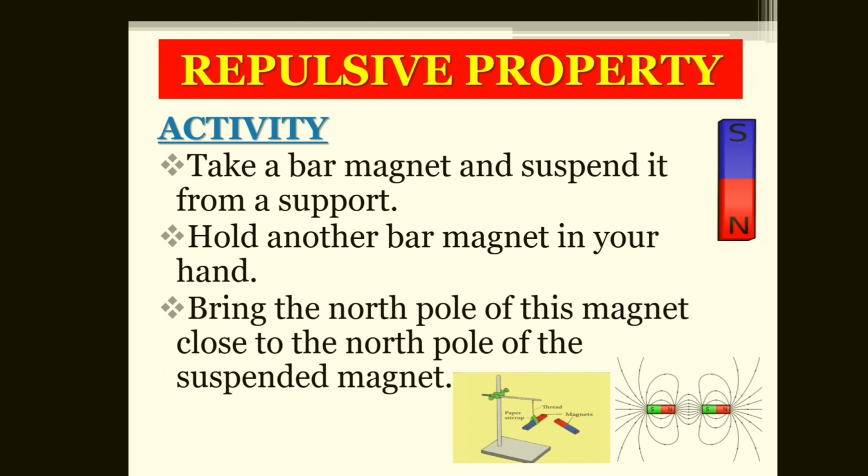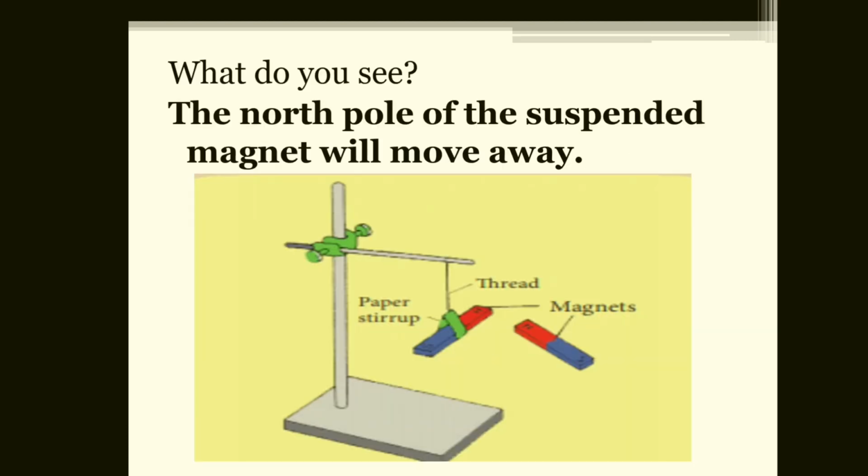We are taking a bar magnet and suspending it from a support, and we are holding another bar magnet in our hand. Now we are bringing the north pole of this magnet close to the north pole of the suspended magnet. So what happens? What do you see?